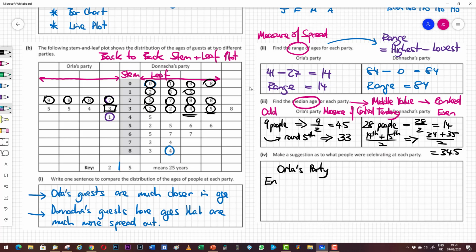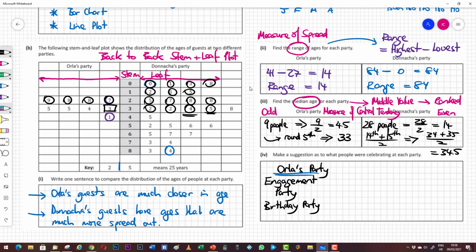So perhaps it could be an engagement party, or something like that. Or maybe it's a birthday party of a 34 or 35-year-old, and their friends range from 27 to 41. So I'd say an engagement party, possibly also a birthday party of somebody in their 30s, or somebody in that age group.